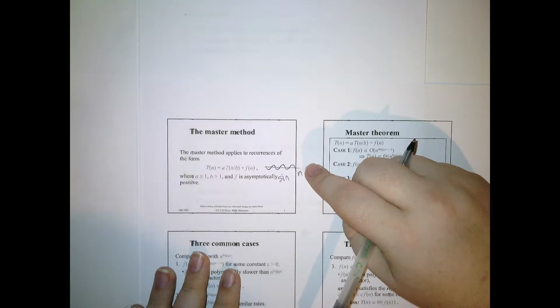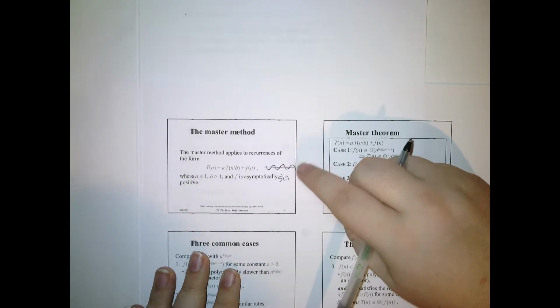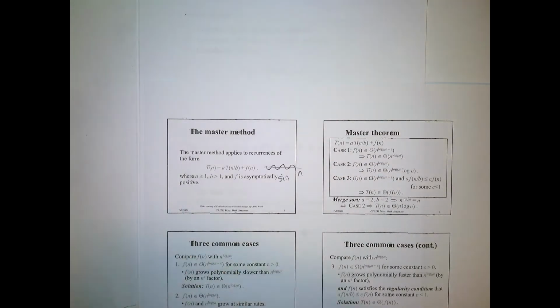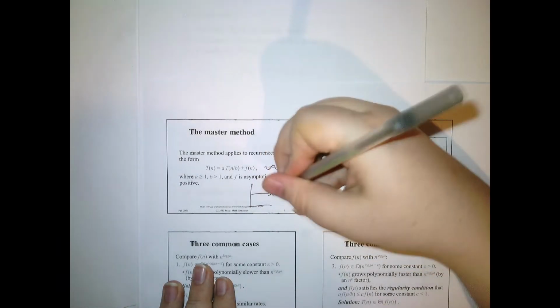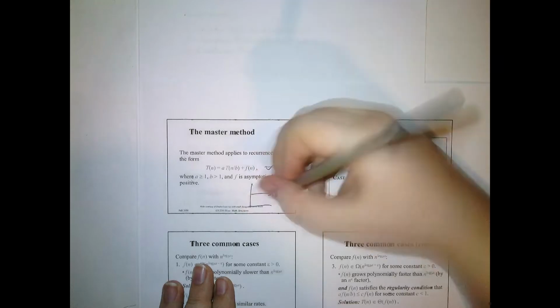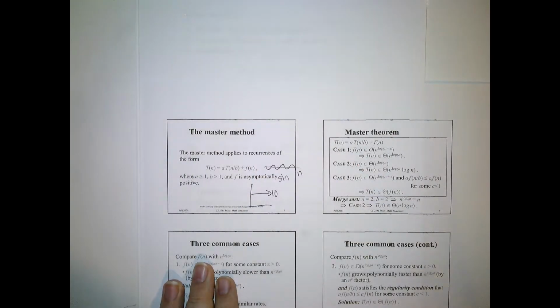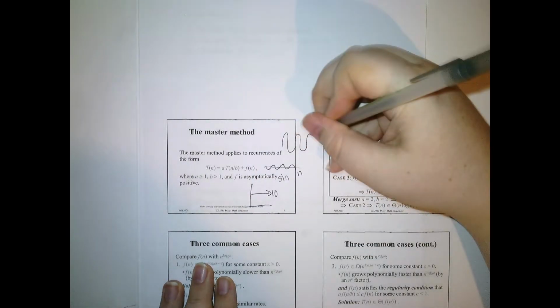Sometimes the runtime gets smaller as n gets bigger, which doesn't make a lot of sense. If n is your input size, we want a function that grows as n grows, or at the very least stays equal. So it could be a constant, like a runtime of 10 that stays 10 forever, but it shouldn't be something weird that goes up and down.